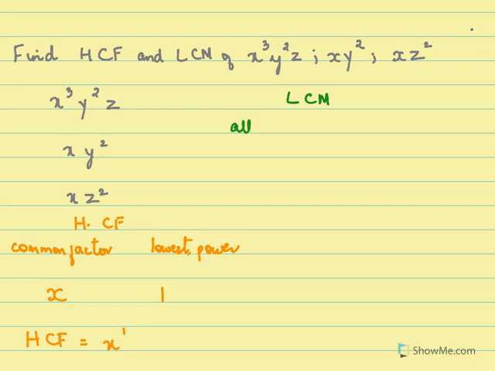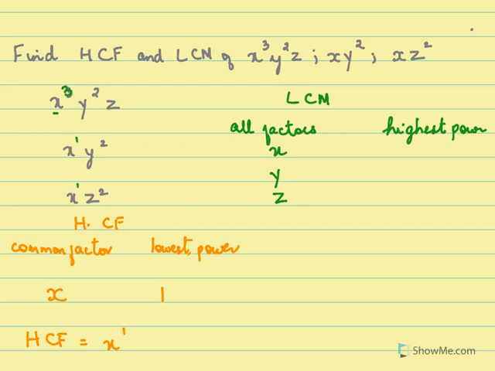Now to find LCM, we write all factors and highest power. Now all the factors, there is an x, there is a y and there is a z. It need not be common. You just have to write if it's even common in just 2 is okay. Now we need to find the highest power.